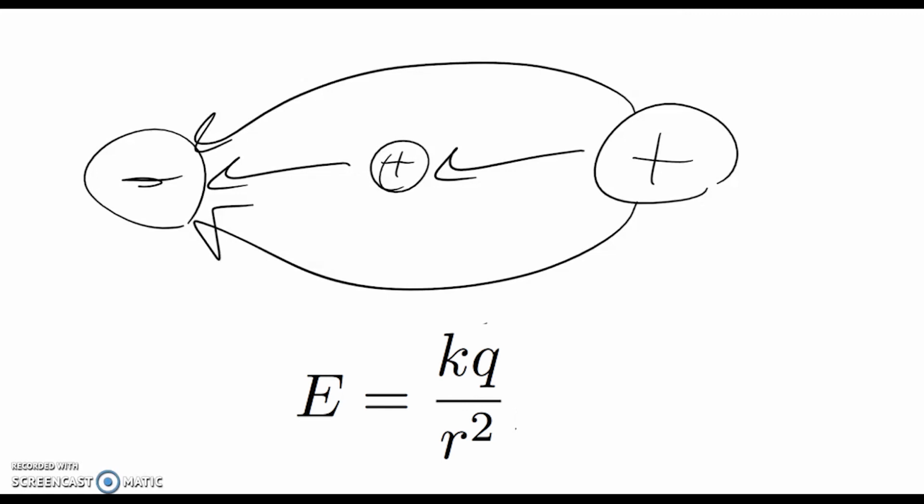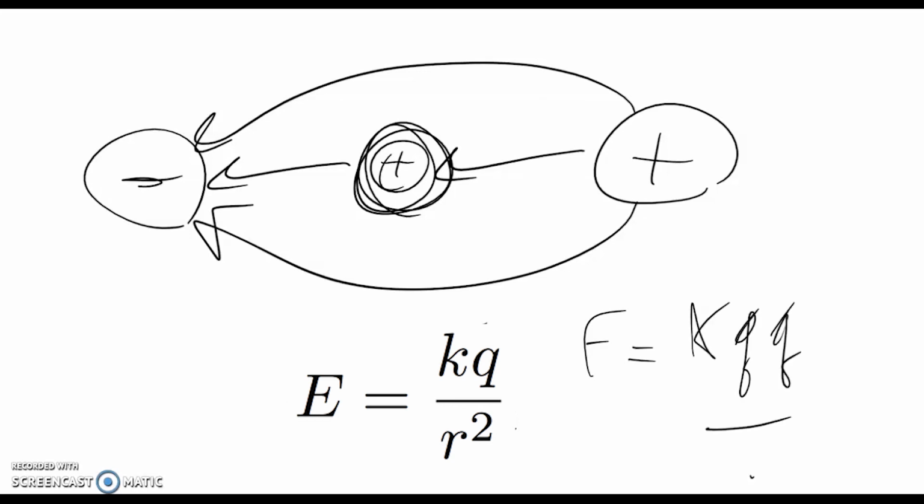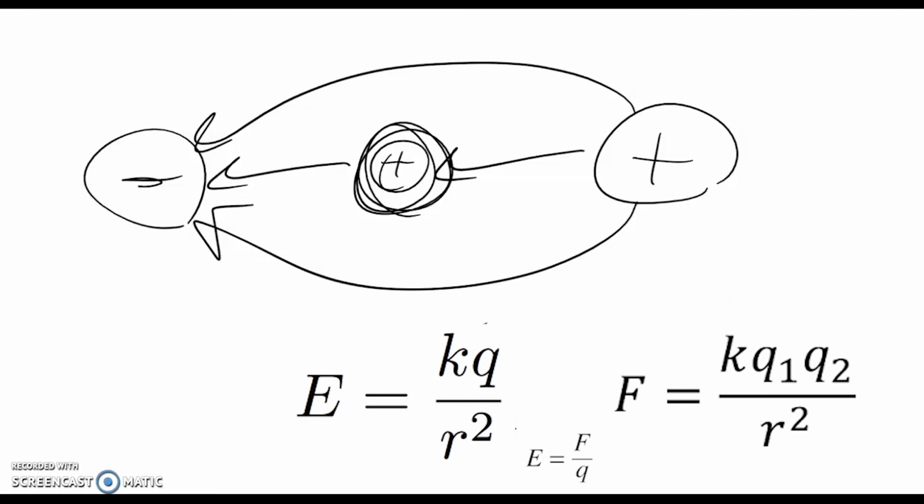Now earlier when we were talking about fields and how they're an area that can exert a force on an object, in this case, we're assuming that this point charge has a negligible charge. But in order to find the force that would be exerted, you would act similarly, except you use a different equation that would be kqq over r squared, and one of the charges would be due to the charge in question, another one would be the other charge.